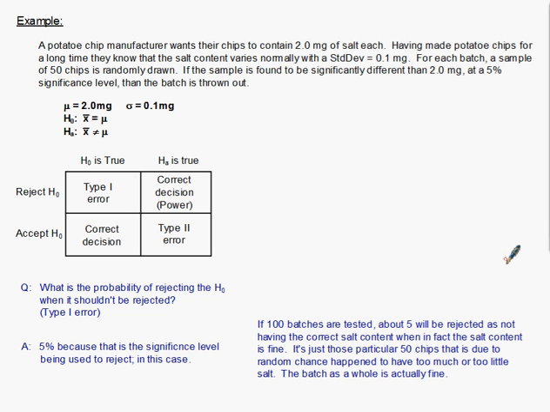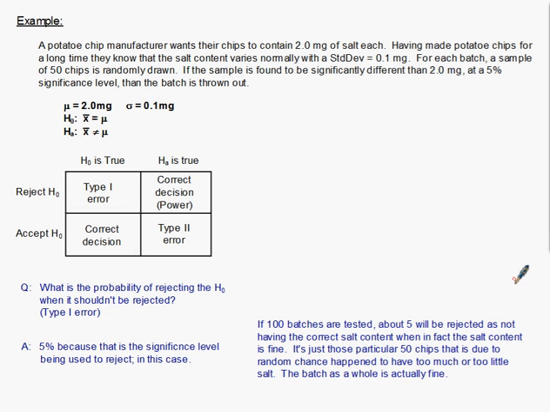And the reason is that if 100 batches are tested, about 5 will be rejected as not having the correct salt content, when in fact the salt content is fine. It's just those particular 50 chips that, due to random chance, happen to have too much or too little salt. The batch as a whole is actually fine.